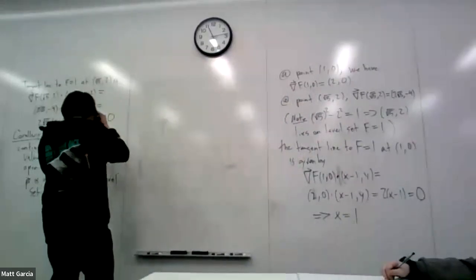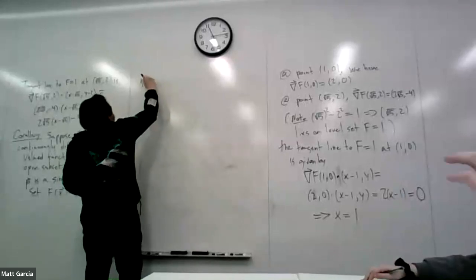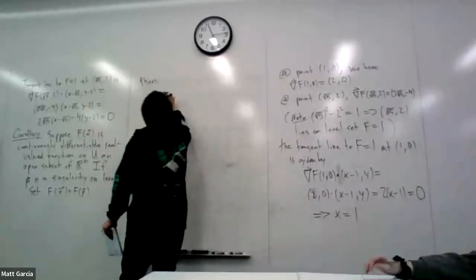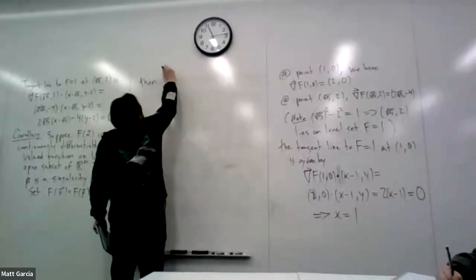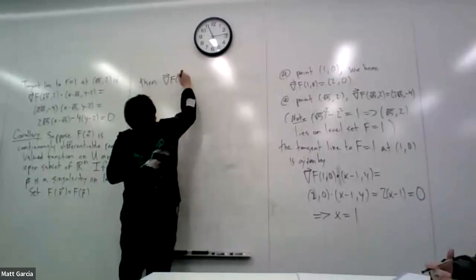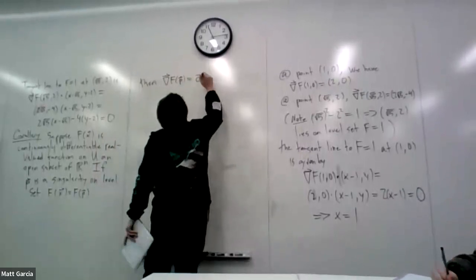Okay, so if we have a place where the tangent set is not well defined, then the gradient of f at P is equal to the 0 vector.